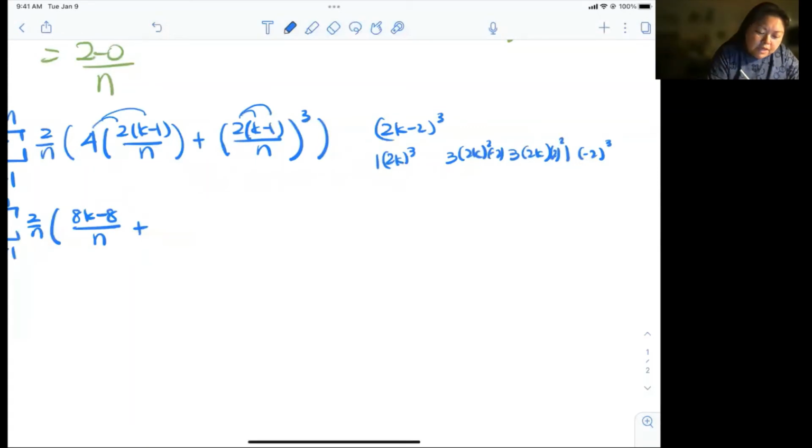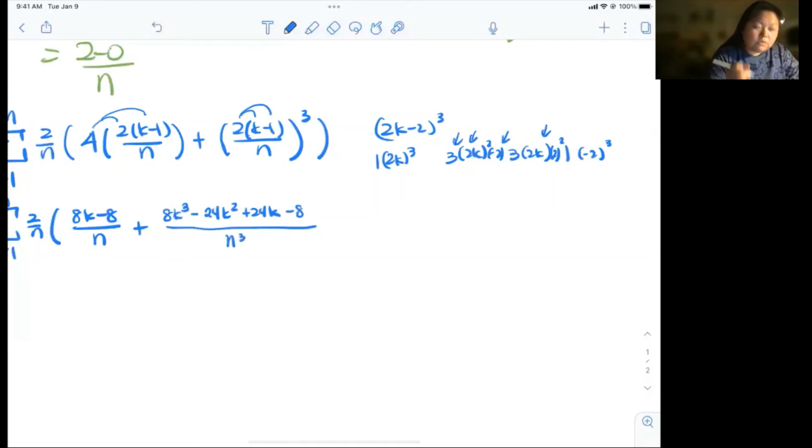So that will give me 8k cubed minus 2 times 3, that's 6 times 4, 24k squared, okay? And then 2 squared times 2 is 8, times 3 is 24 again, so plus 24k, and then minus 8, all over n cubed. Remember, the whole thing is being cubed, right?